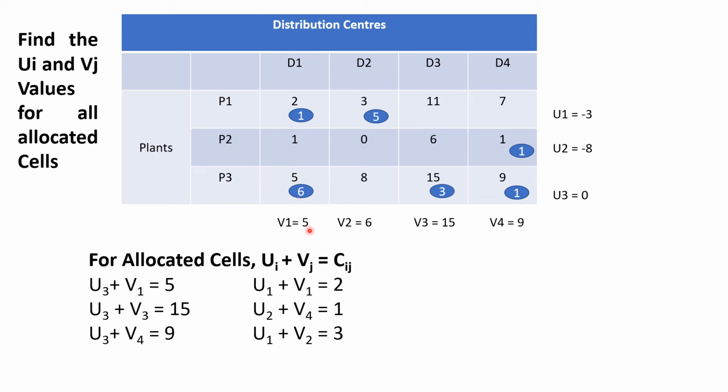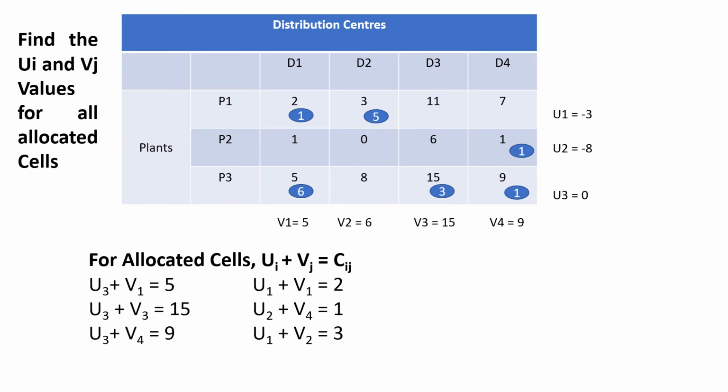So what is the value of v1? Since u3 is 0, v1 is 5. Similarly for this allocated cell, the same formula holds. u3 plus v3 equals the unit transportation cost, that is 15. Since u3 is 0, v3 will be 15, and the same way, since u3 is 0, v4 will be 9.